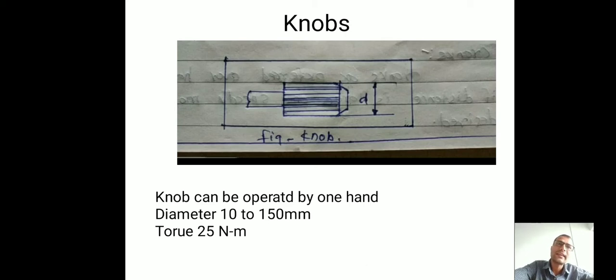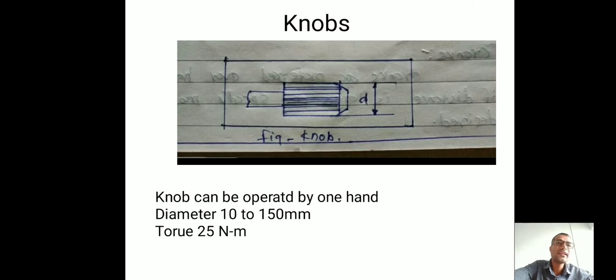So while designing a knob as a control member, as per ergonomic specs, the diameter of this knob is very important. The diameter should be within a range. While designing a knob as a control member, the diameter should be 10 to 150 millimeter.